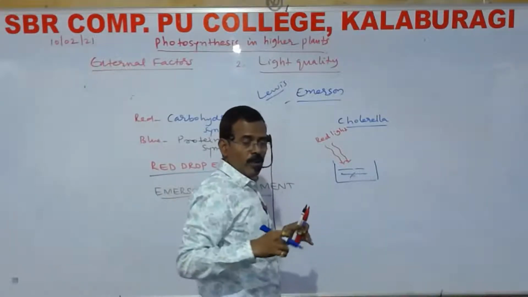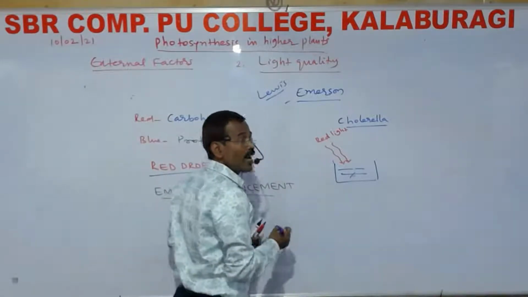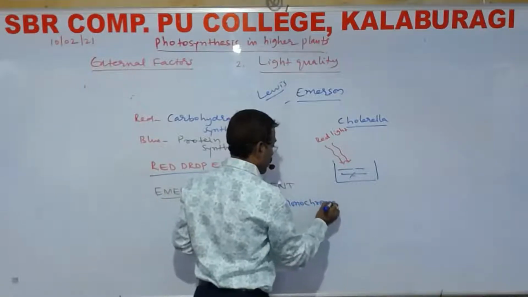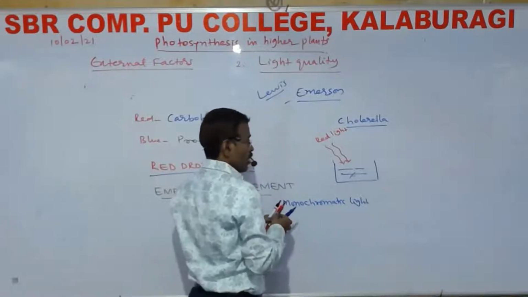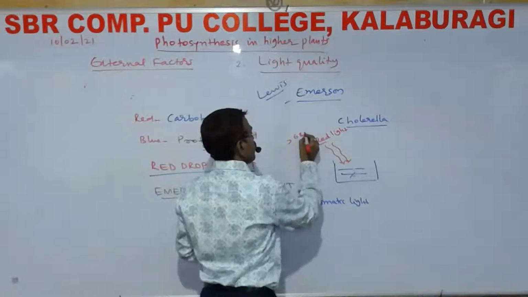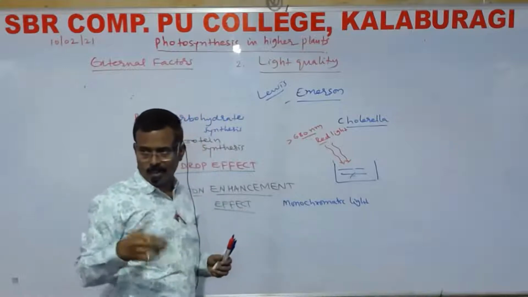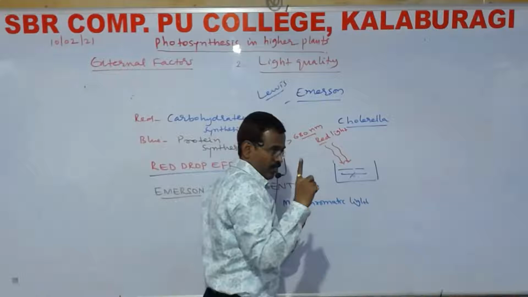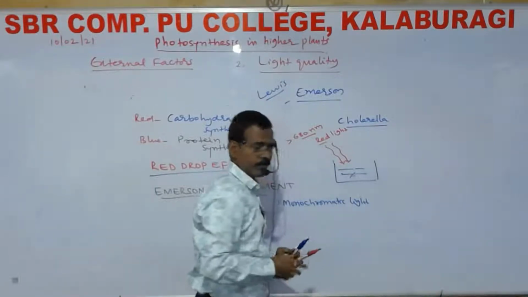When we expose to only one kind of light, that is monochromatic light. This monochromatic red light, of more than 680 nanometer wavelength, was exposed onto the culture of this chlorella.